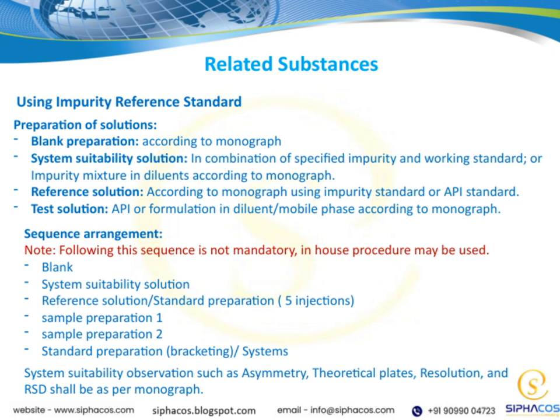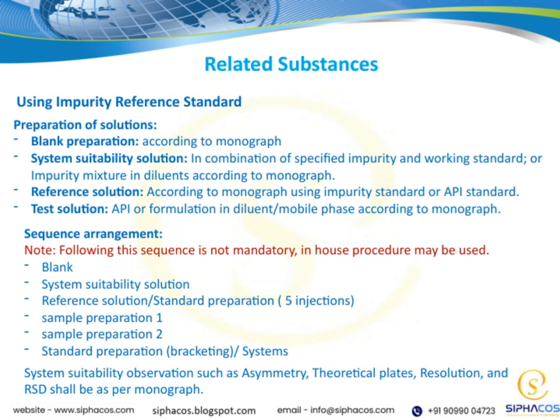Moving on, we prepare the sample solutions, sample preparation 1 and 2, either from the drug substance or formulation, in diluent or mobile phase as specified. For the standard preparation, especially when using bracketing, we prepare systems in a way that ensures consistency across the analysis.